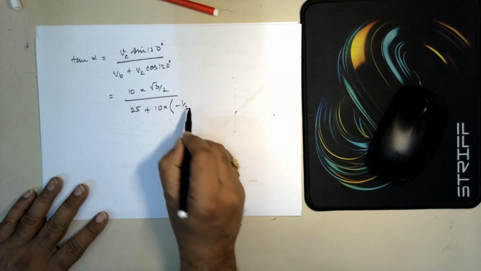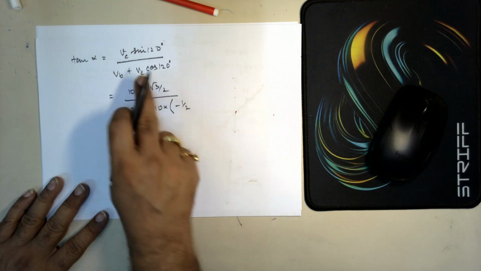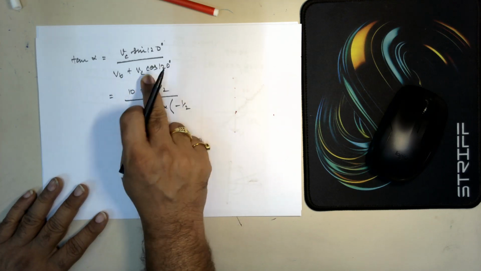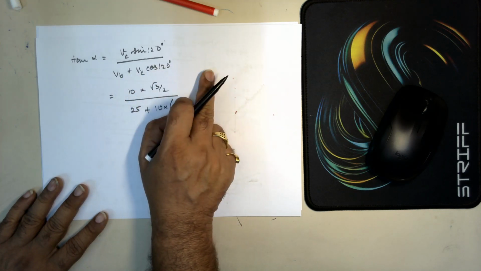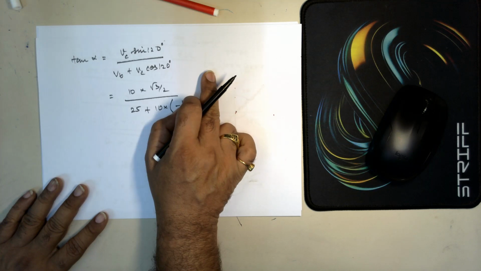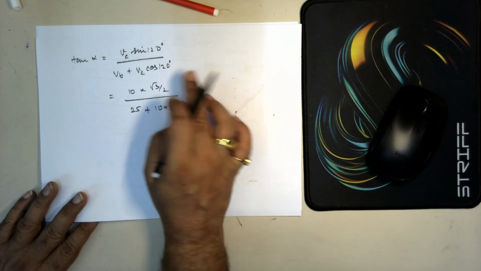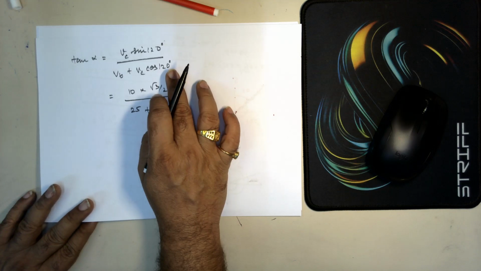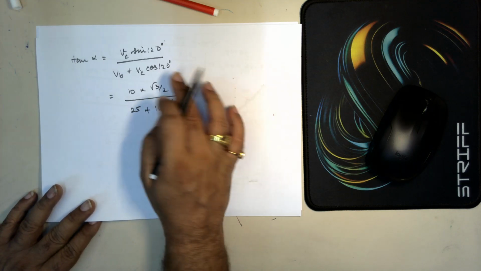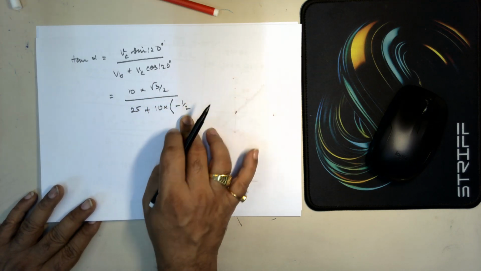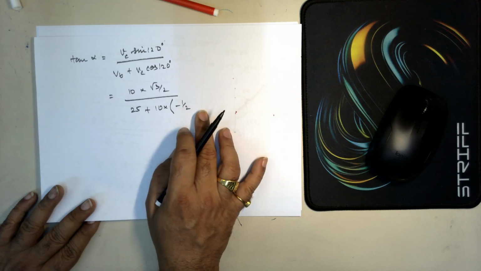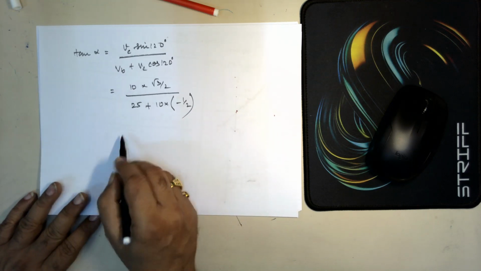So minus 1 by 2, because cos 120 means cos 90 plus 30. So cos 90 plus 30 means how much? That is sin 30, and that is in the fourth quadrant. So minus 1 by 2, right?